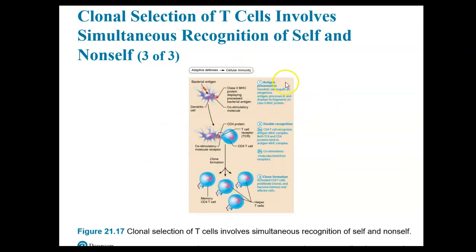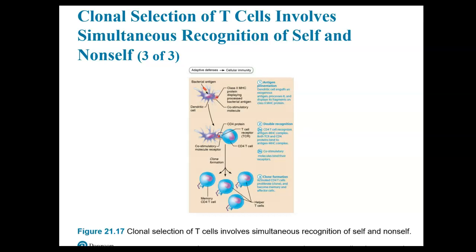So this first phase is called antigen presentation. This dendritic cell is an APC. It's engulfed the bacterium and it's presented the class 2 MHC protein on its surface. Okay, that's step 1. Step 2 is double recognition.